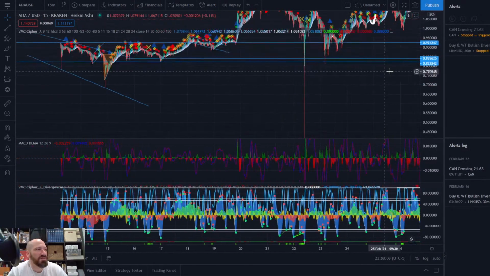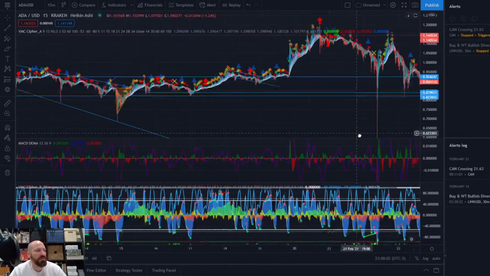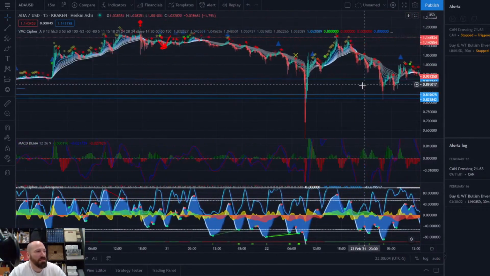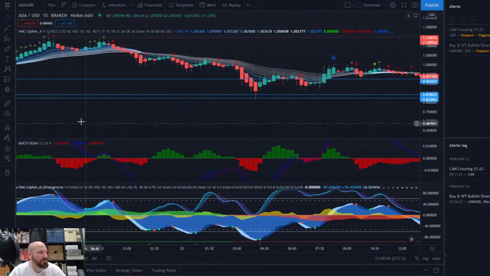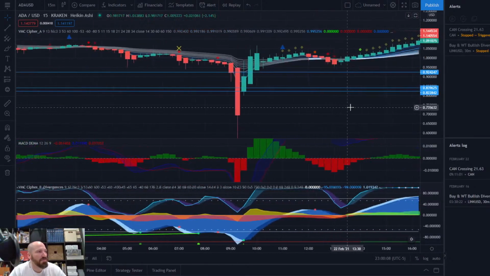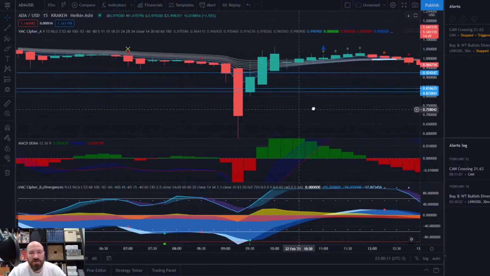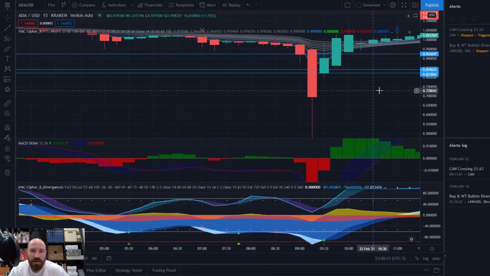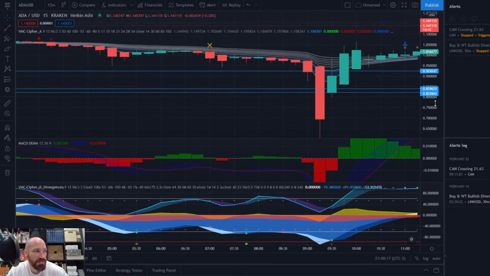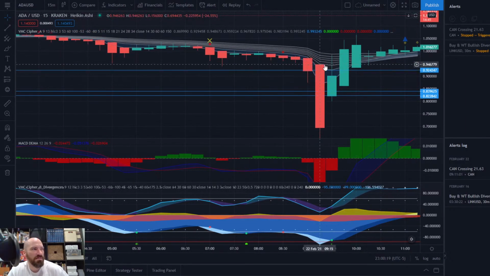Guys, this is the 15-minute. Look at this line. This whole thing came all the way down and back in 15 minutes. Guys, look at this. Right here, ADA was at 95 cents, like it normally is.